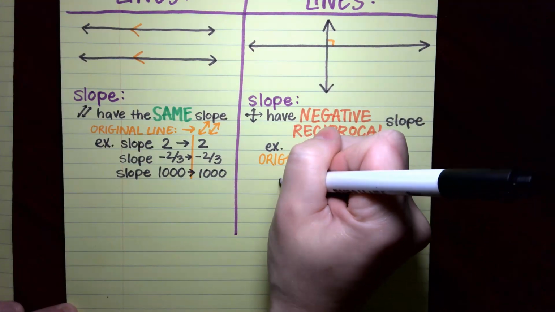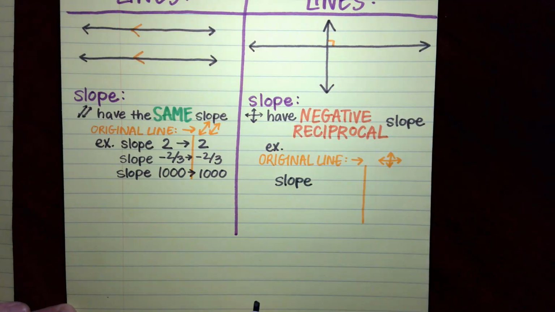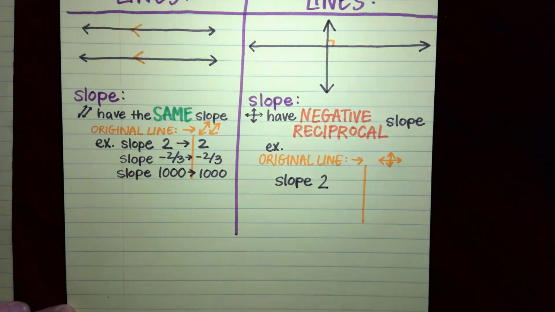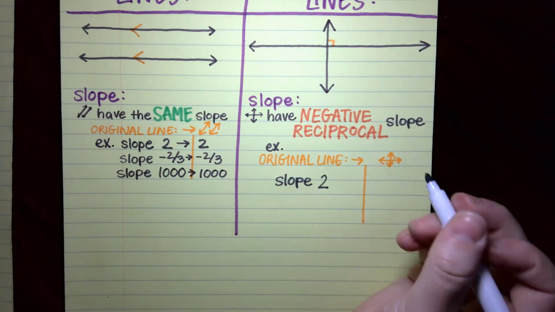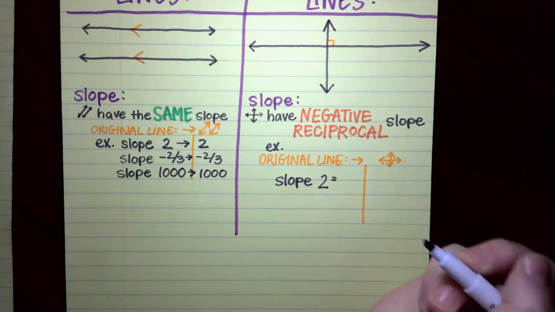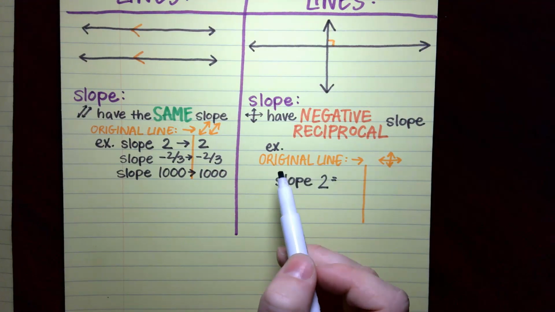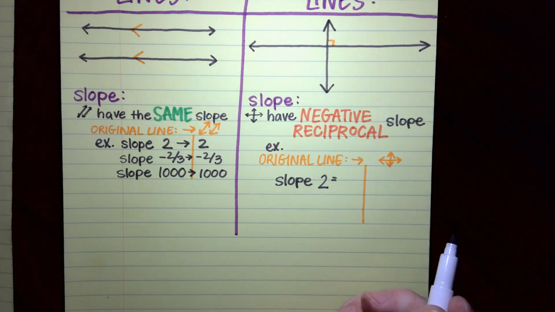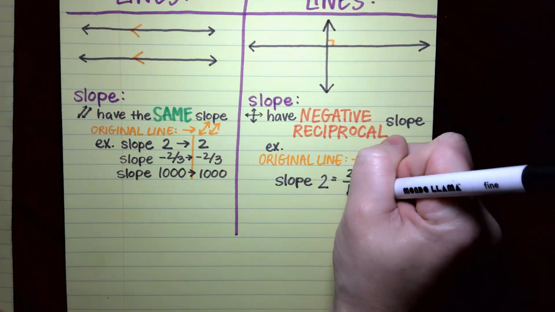If my original slope was 2, for example, the first thing that we would do is we want to put it in rise over run form. So what would 2, just the whole number 2, be in rise over run? How do I make that a fraction? 2 over 1. Perfect. 2 over 1.